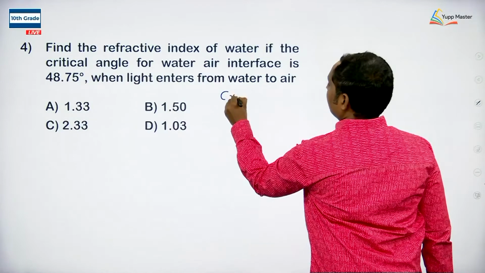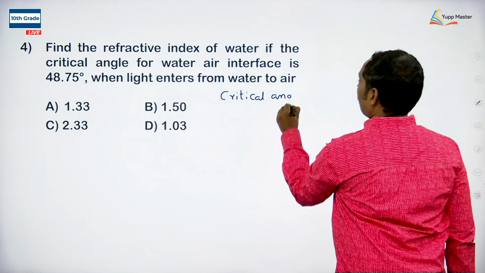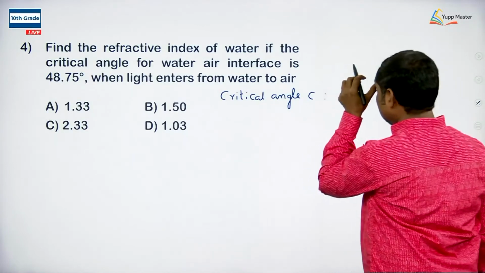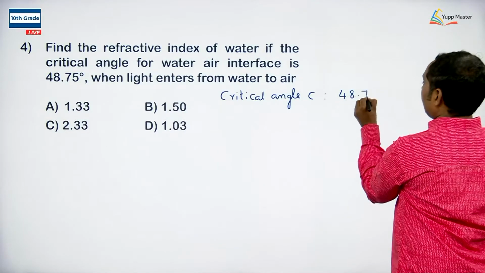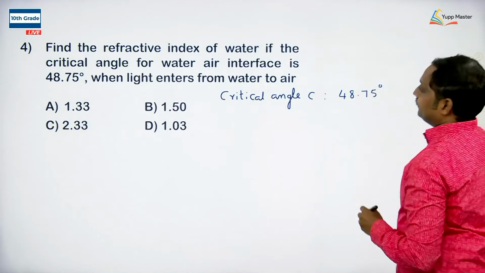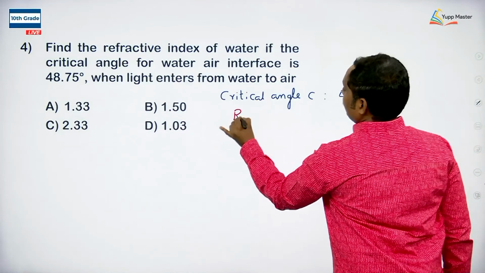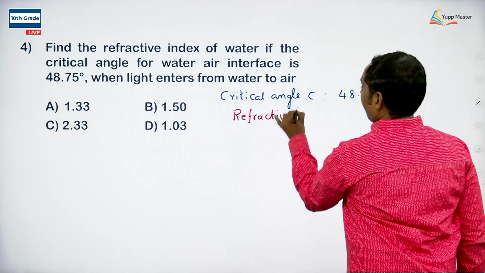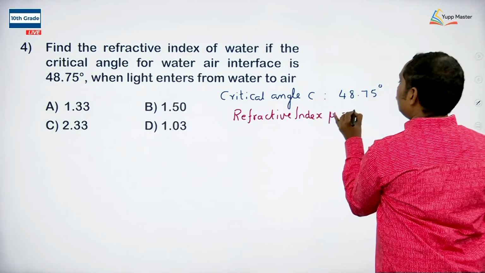Critical angle C is equal to 48.75 degrees. Therefore, refractive index mu is equal to question mark.